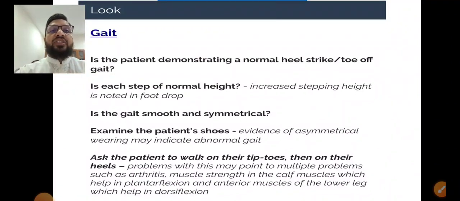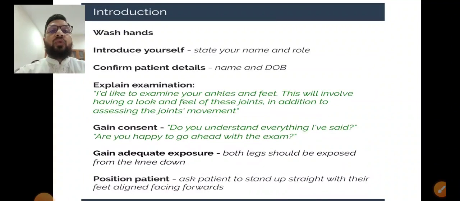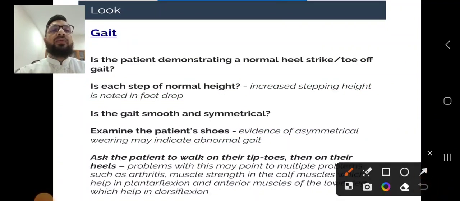And then you will ask the patient to walk, and after that there will be three types of walks: a normal walk, then walking on the heels, and then on the tiptoes. So three types of walk you will assess.